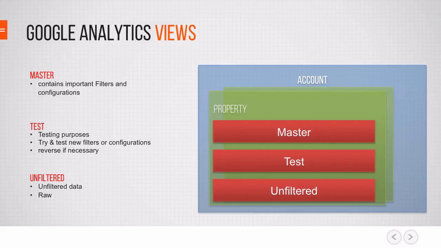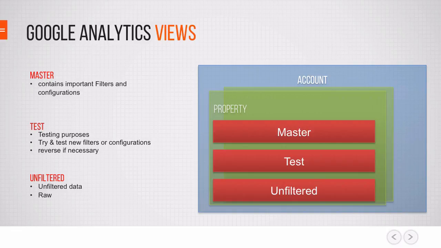Once you are sure that everything is working and this is the actual data that you want to present to the ones viewing it, you would transfer that filter or configuration into the master view. The master view holds all the filters and configurations that we want to have for our view.